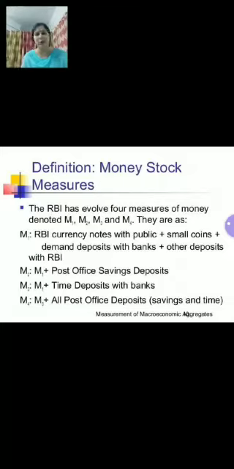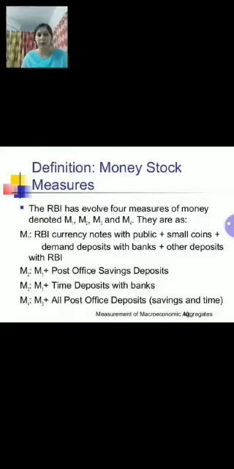Coming to the third component, that is M3. M3 will be M1 plus time deposits with the bank, that is denoted by TD. So the formula here will be M3 is equal to M1 plus TD, right? Coming to M4. M4 will be M3 plus all post office deposits, savings and time.